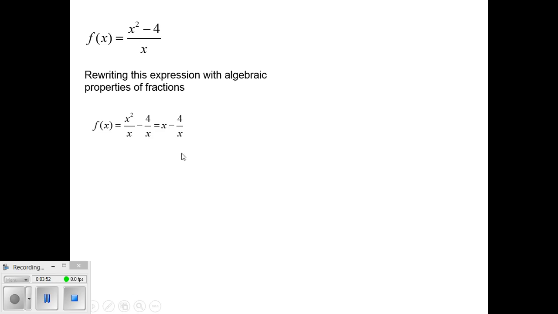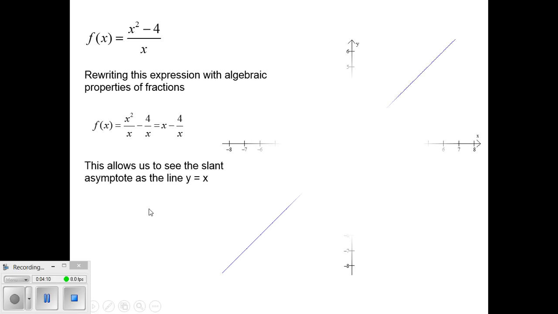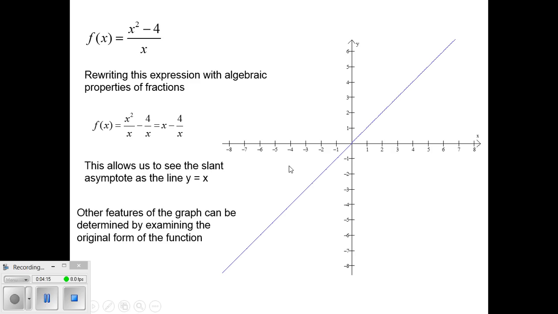Which again suggests that as x gets very large, this 4 over x expression can, for all intents and purposes, be ignored. So our asymptotic behavior is going to move towards the line y equals x. That's what we call our slant asymptote. We've got the vertical asymptote along the y-axis, and intercepts at 2 and negative 2.